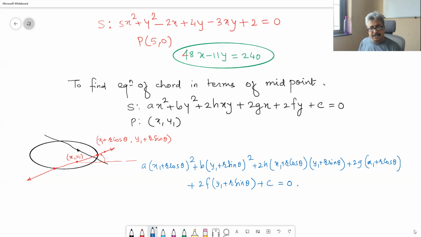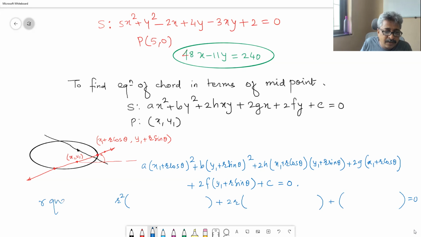Okay, it should satisfy that point. And therefore what we end up getting is r square into some term plus 2r into some term plus a constant is equal to 0. It is a quadratic in r.